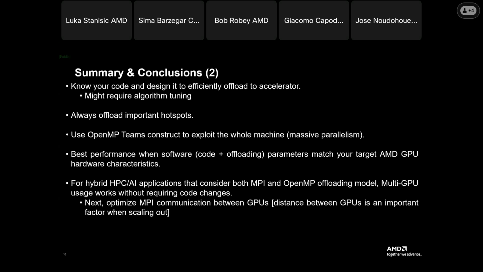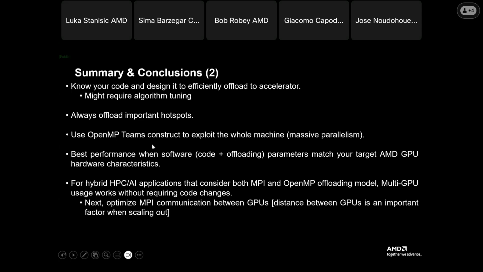Just keep in mind that the GPU is used for massive parallelism. You have a lot of compute units available that you can use to get great performance for your applications. So always offload important application parts.